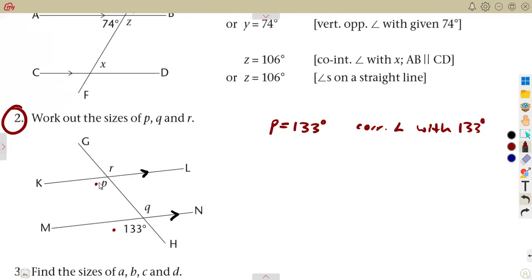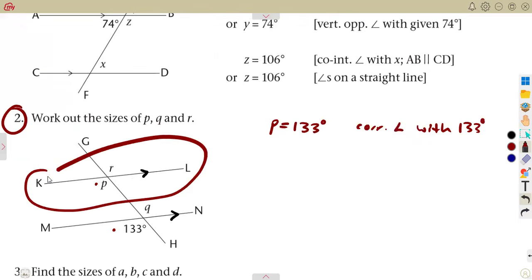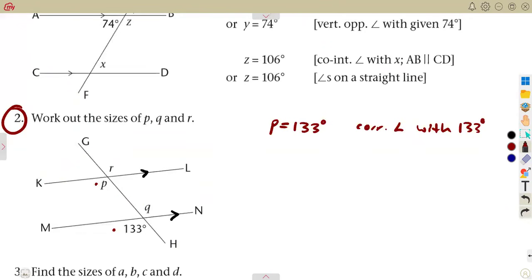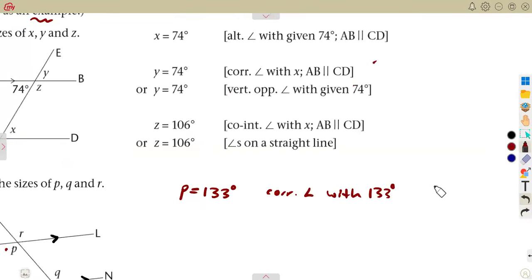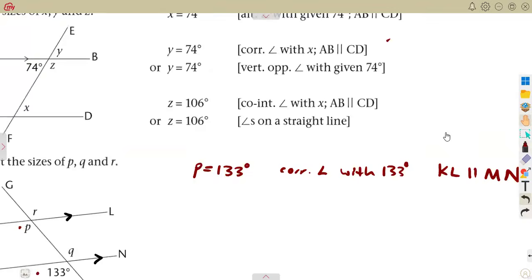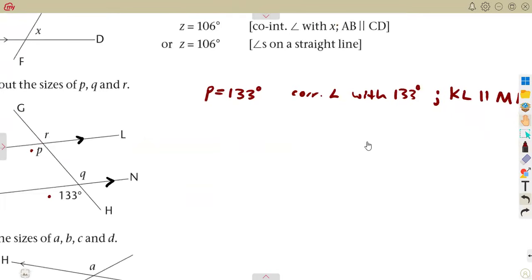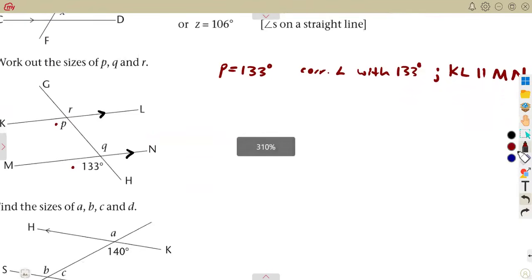From what? The parallel lines, since KL is parallel to MN. These two lines are parallel to each other. So meaning to say those angles will be corresponding. So this is how you answer the questions.